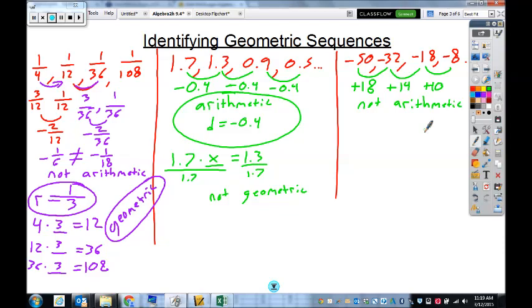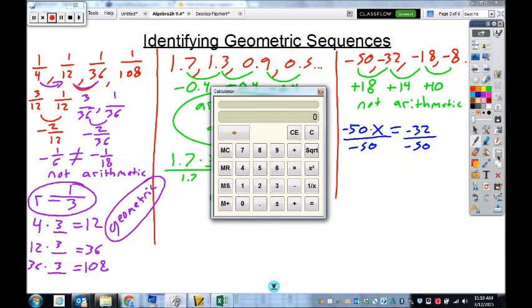So let's see here, what can give us our geometric? Well, I can say negative 50 times x equals negative 32. Divide both by negative 50. Okay? So I'll pull my calculator up.